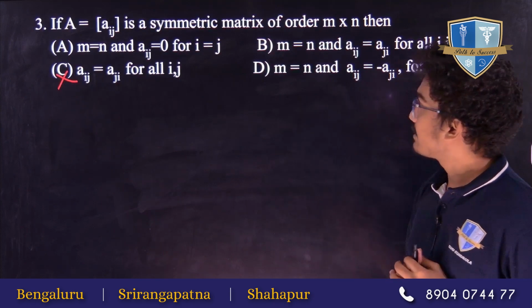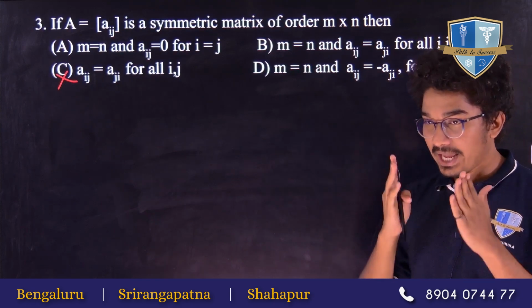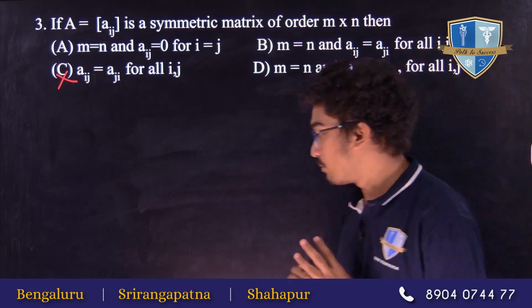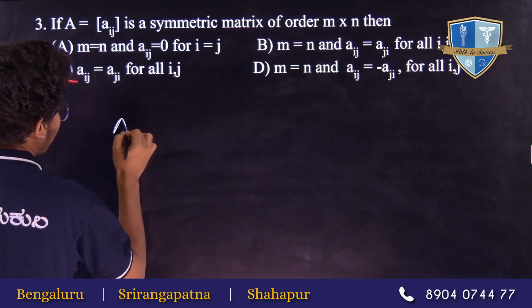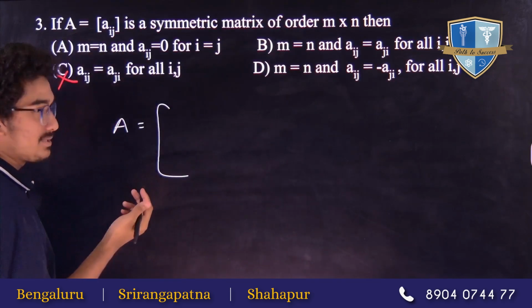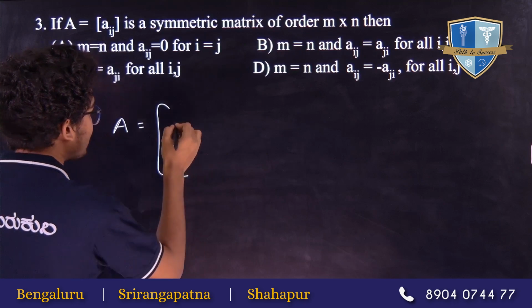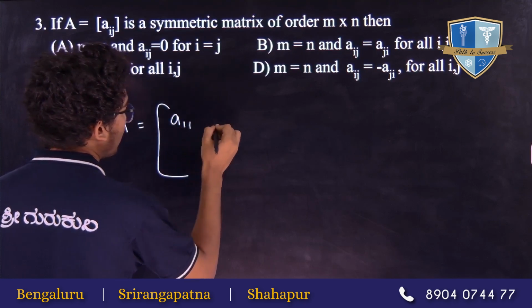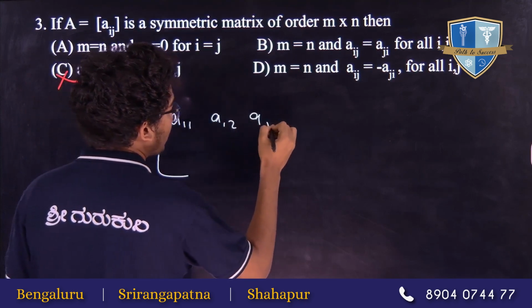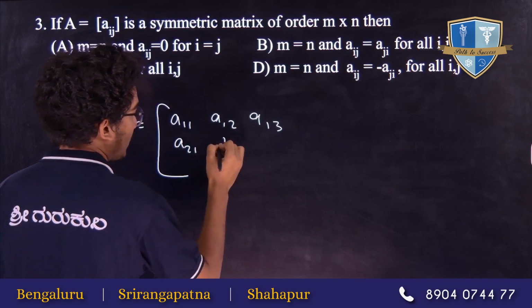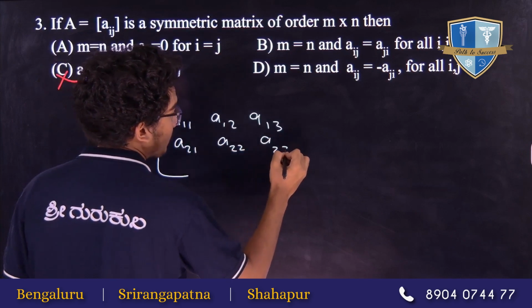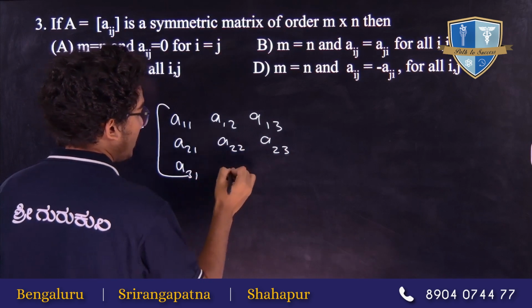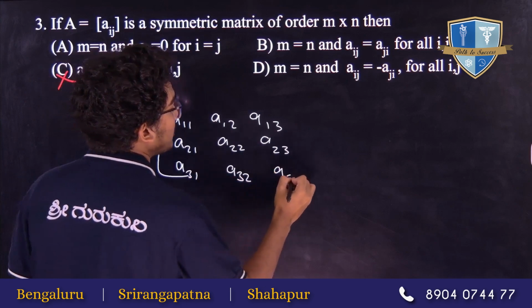Now, if it is a symmetric matrix, then the diagonally opposite elements will be equal. So for a matrix A, let's take an example of a 3 cross 3 matrix. So it is like A11, A12, A13, A21, A22, A23, A31, A32 and A33.